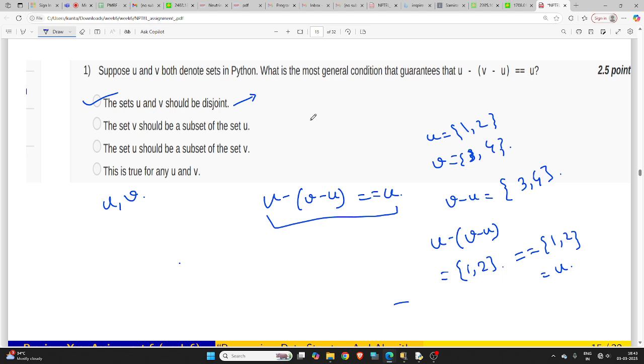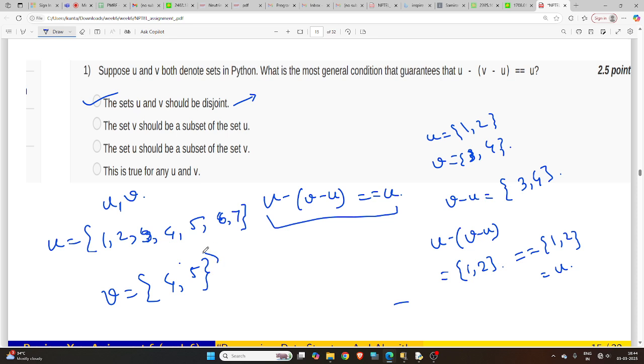Now we can just check for our confirmation whether these 4 options are true or not, like these are wrong or not. So the set V should be a subset of U. What is the meaning of subset? If I have, let's say, U equals 1, 2, 3 and V is, let's say, 4, 5.